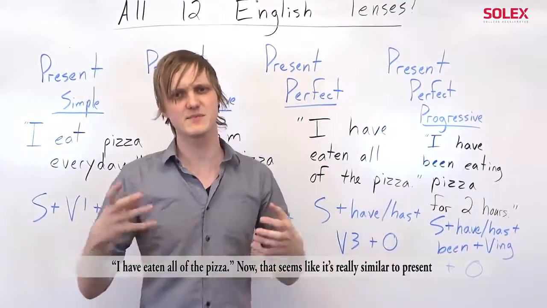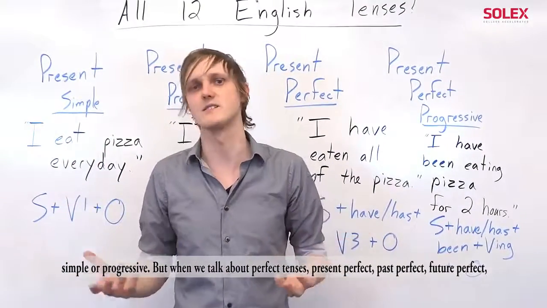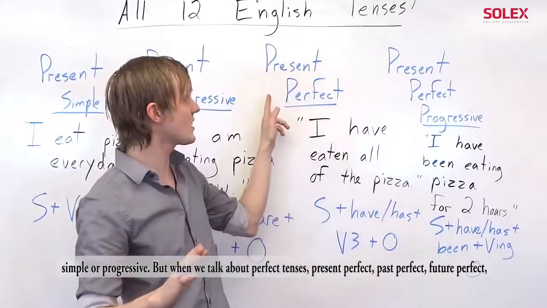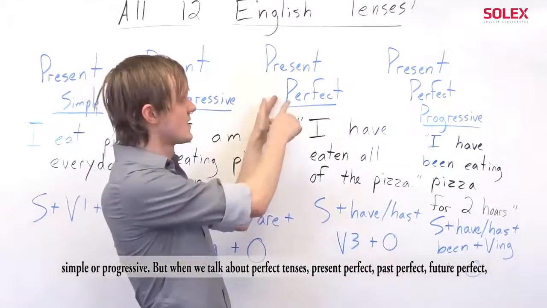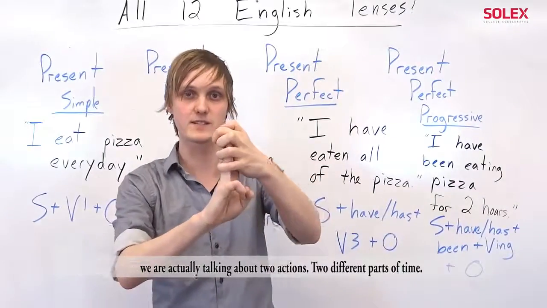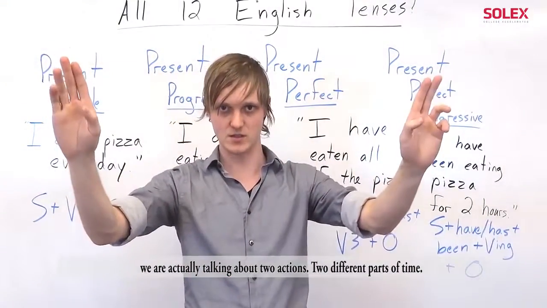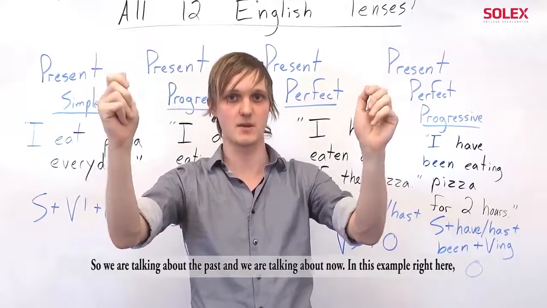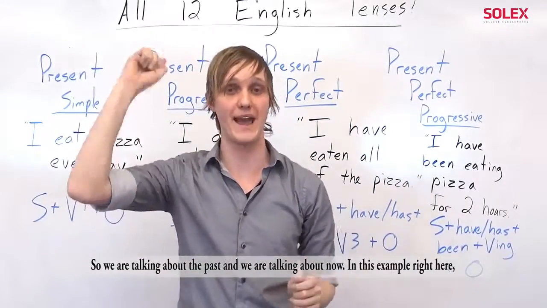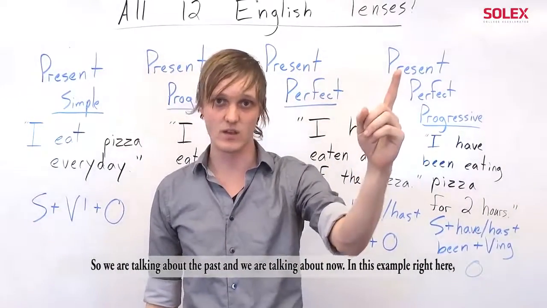Now, that seems like it's really similar to present simple or progressive. But when we talk about perfect tenses, present perfect, past perfect, future perfect, we are actually talking about two actions, two different parts of time. So we're talking about the past and we are talking about now.